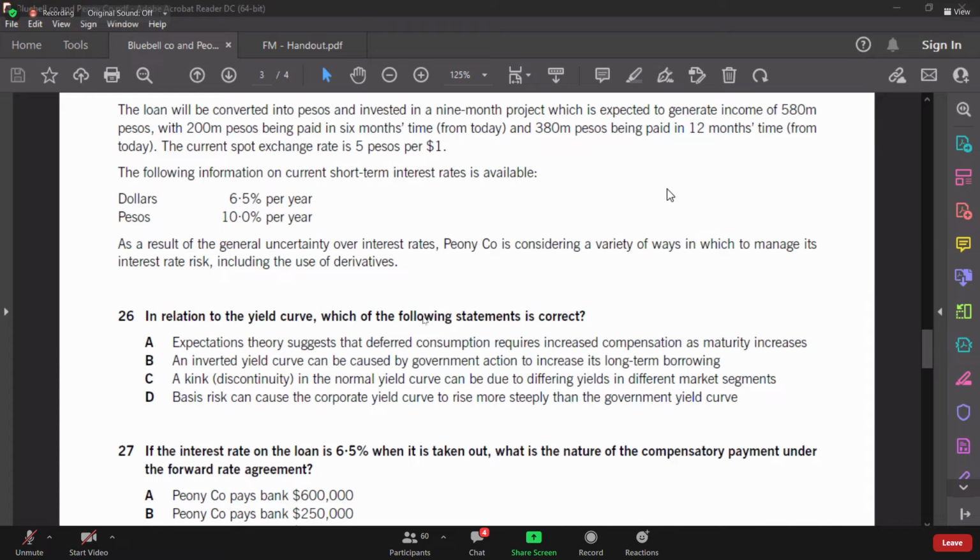Yes, Tony has given me the right answer. Edwin, C is the right answer. I want everyone to go and read about the theories afterwards, after the class. So here, C is the correct answer.